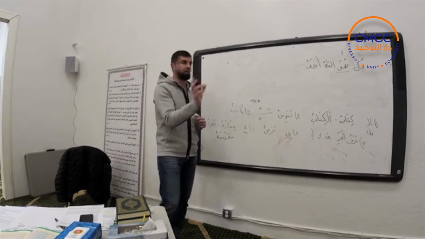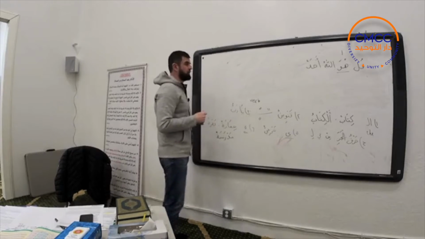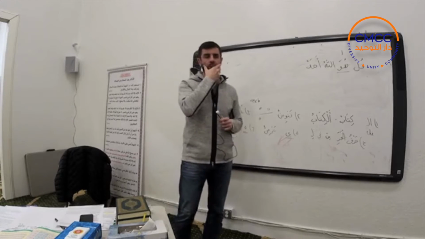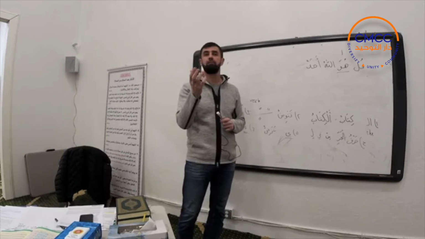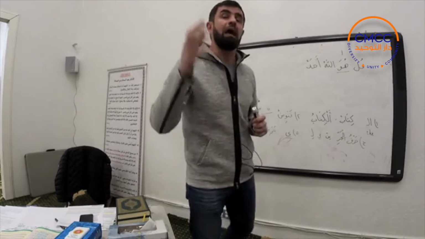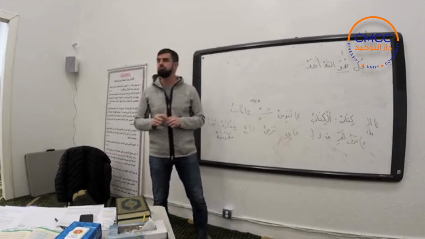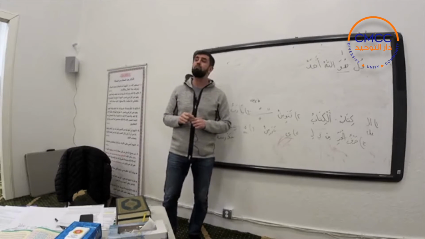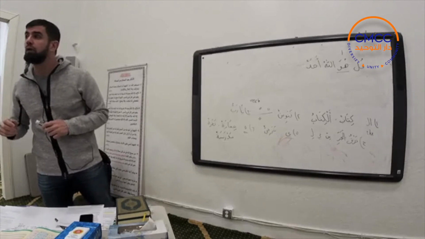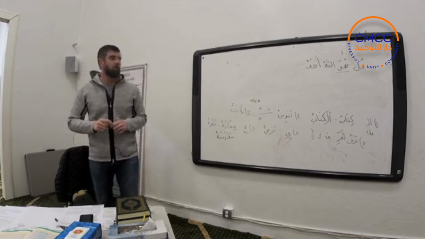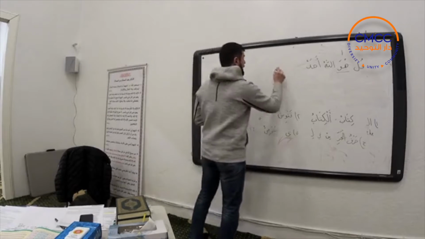Okay, in Arabic language. For example, just a combination of words. Let's say, what is it? Al-Malik, but give me some noun and adjective. Let's say big house, okay? Big house.